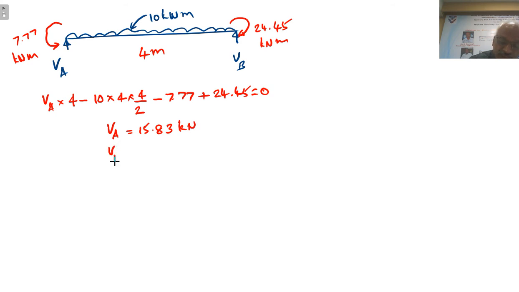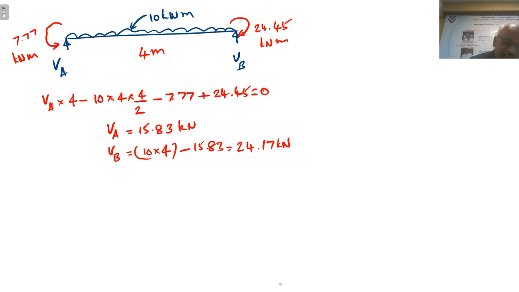And total load is 10 into 4, minus VA 15.83, that is equal to 24.17 kilonewton. That's about the reaction for the member AB.